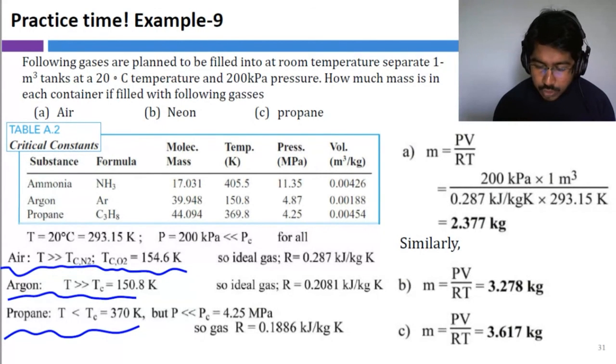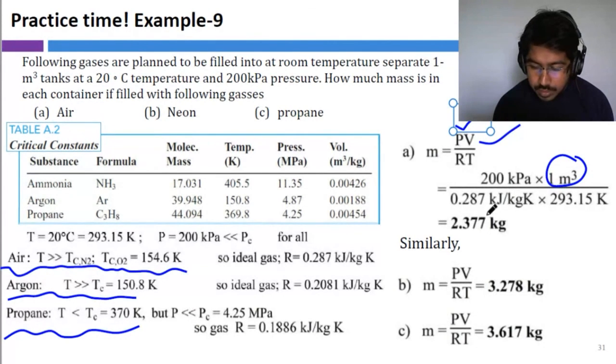After verifying that, we can use the ideal gas equation and substitute the values. The pressure is given, the volume is 1 cubic meter, and the gas constant of air is 0.287.